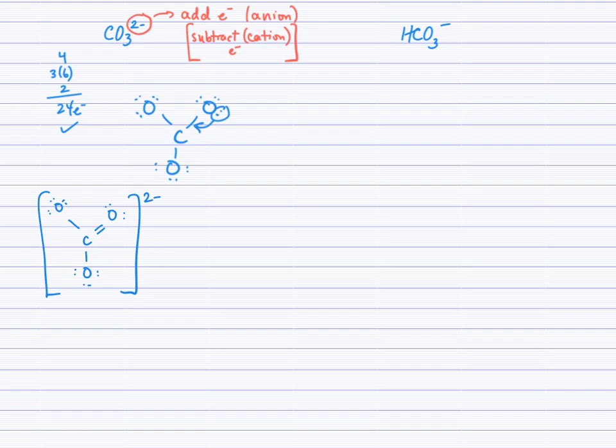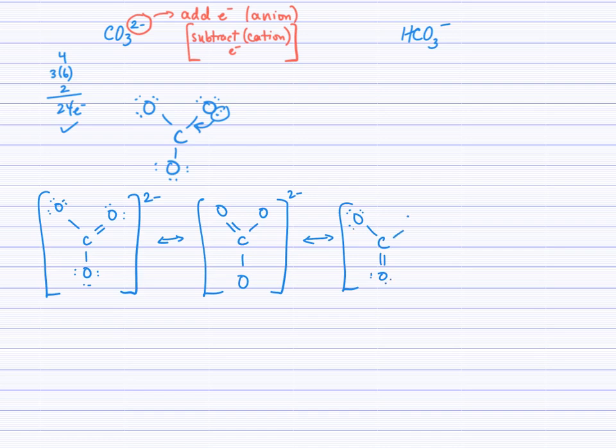Now it's true that I could have positioned the double bond on the oxygen on the top left, or I could have also put it to the oxygen in the bottom here. So on a test, I only need you to draw one of these structures, but it's worth noting that the true structure is actually a blend of all 3 of these.